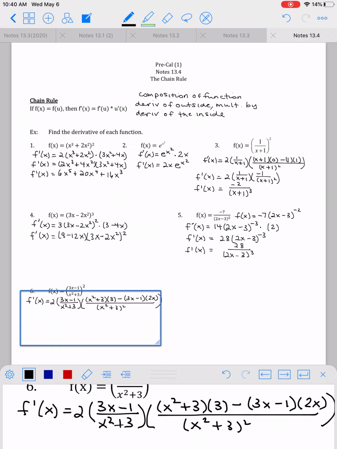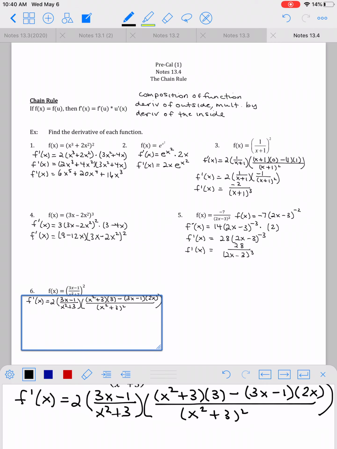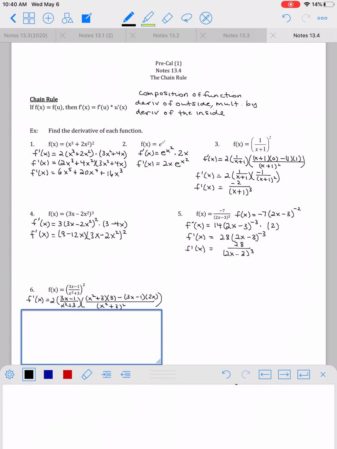So at this point, that takes care of the calculus. Now what we're going to do is simplify and see if we can write that a little bit simpler here. So I'm going to put the 2 through multiplying wise.